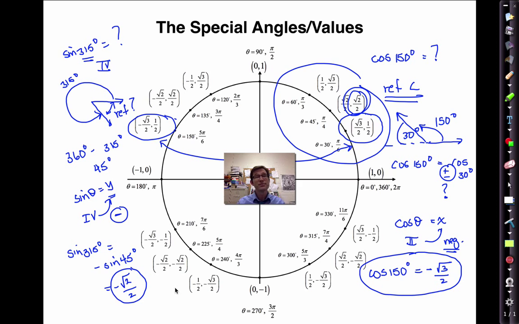And that's the whole deal. That's why reference angles are so critical, not just for these angles, but for any angles. If for some reason I knew the sine of 70, then I could find the sine of any other angle that had 70 as a reference.